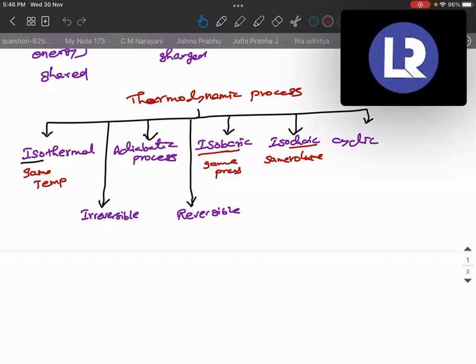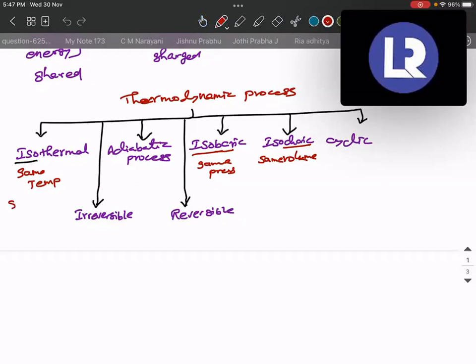So in the isothermal system, the temperature remains the same. Here, the system and surroundings are mobile.